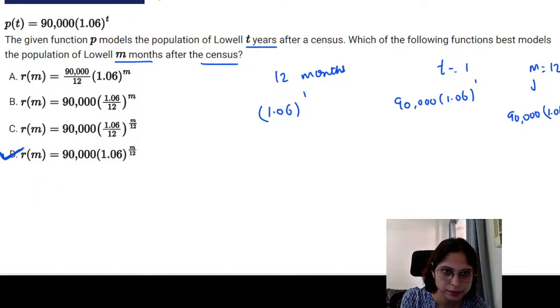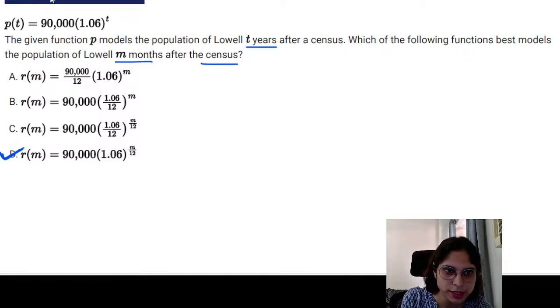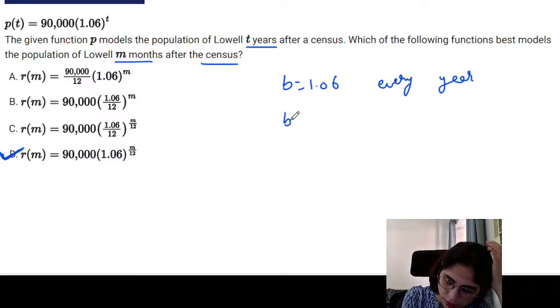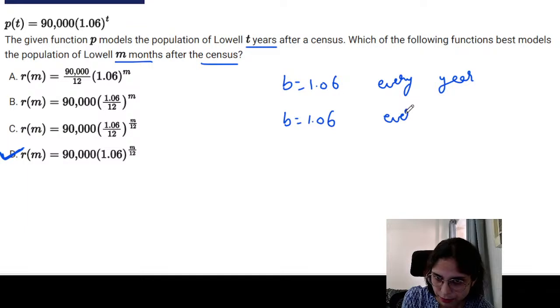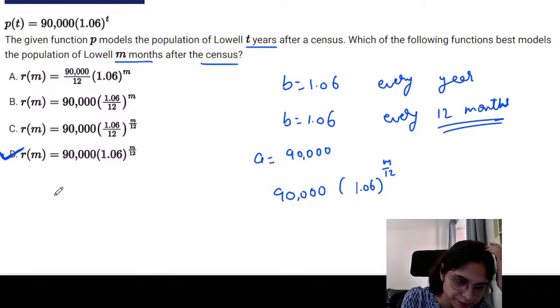Because you're converting the time to months, that means the factor should be 1.06 every year, not every month. Every 12 months. So the answer is 90,000 times 1.06 to the power M over 12, because it's for every 12 months.